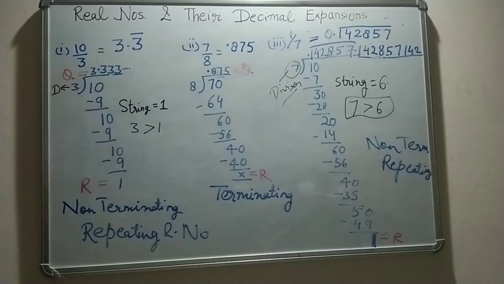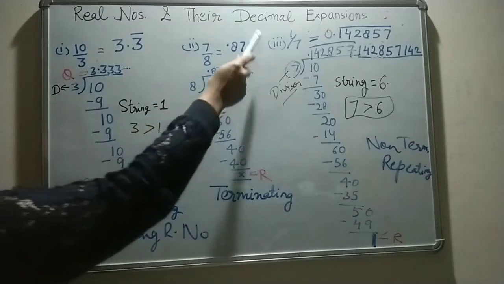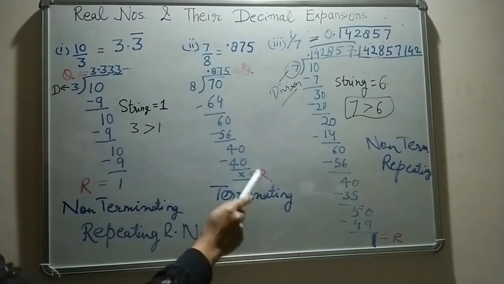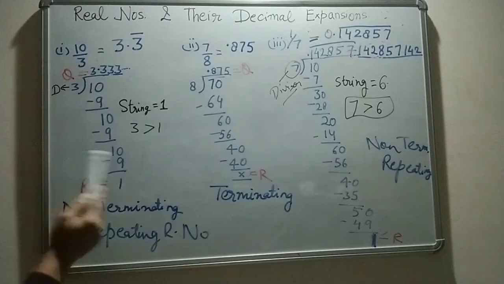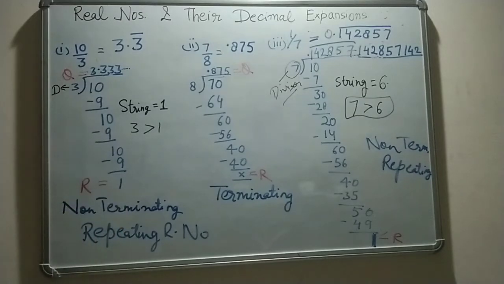Okay. There are a few points which you have to remember while calculating the decimal expansion. Number 1, the remainder becomes 0 or the remainder itself repeats after a certain stage.